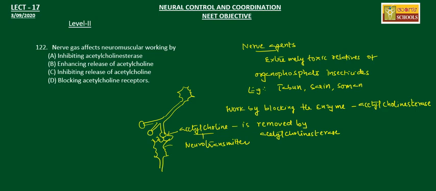Now, in this case, the nerve agents, the nerve gas, remove this acetylcholinesterase. When acetylcholinesterase is removed, it results in accumulation of acetylcholine in the cholinergic synapses.